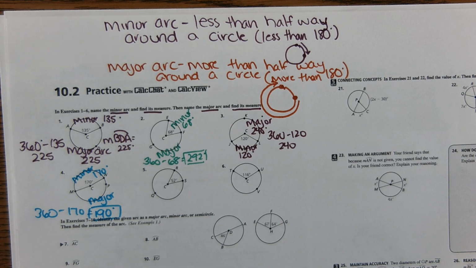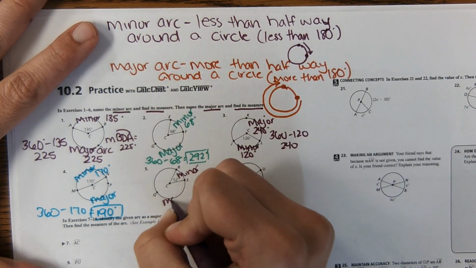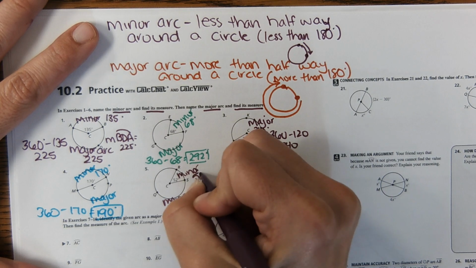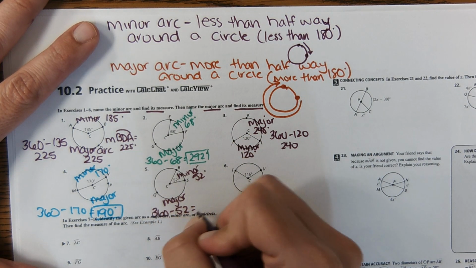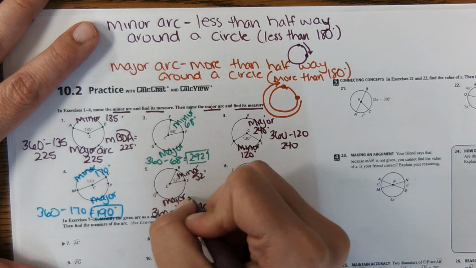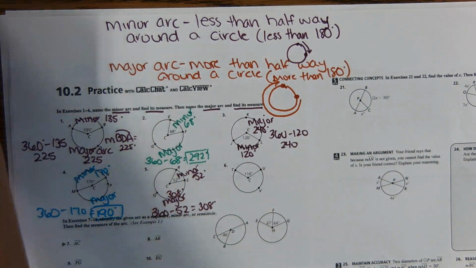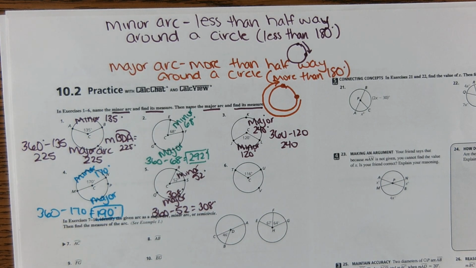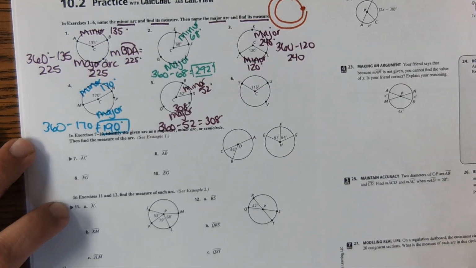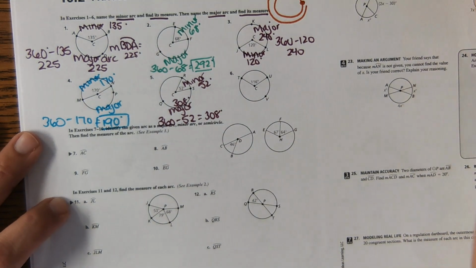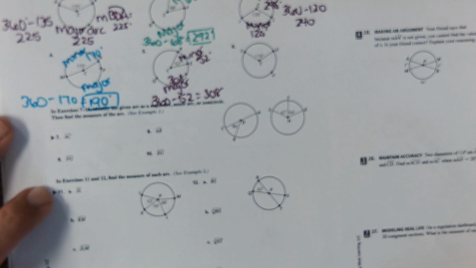Okay, number 5, minor, major. 52 degrees, and then major would be 360 minus 52 equals 308 degrees. Okay, I think we're getting the gist, so we're going to move on to the next section. Same idea, just slightly different format for problems, but it doesn't get any harder than this, really.